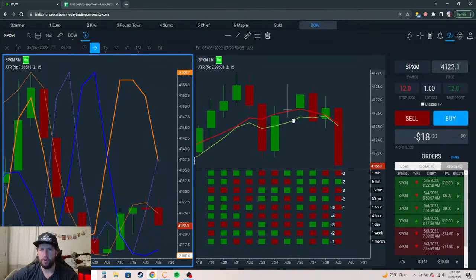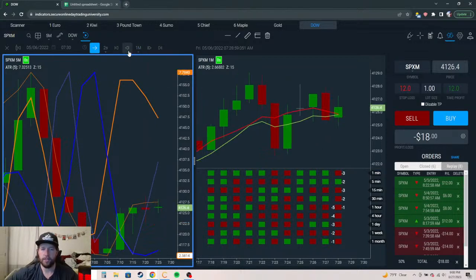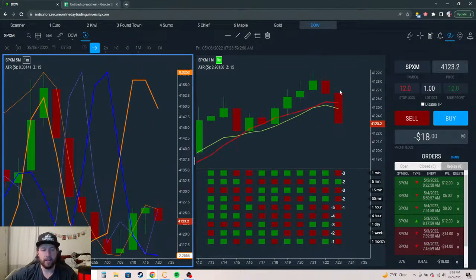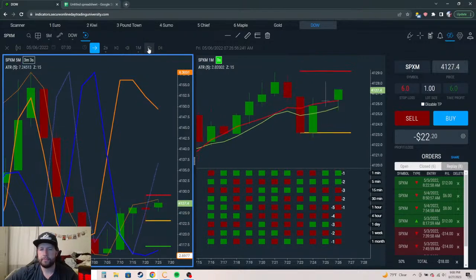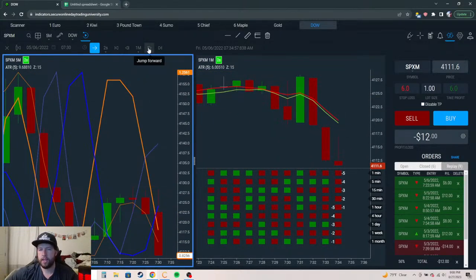One of my rules is I wouldn't take this one unless the lines have crossed and then crossed back. So I did get a signal here, but I got another one here. In a live market, I wouldn't take this one; I would have taken this one. So this is the only time I'd go back and take this trade as far as backtesting. Either way, looks like it would have won.